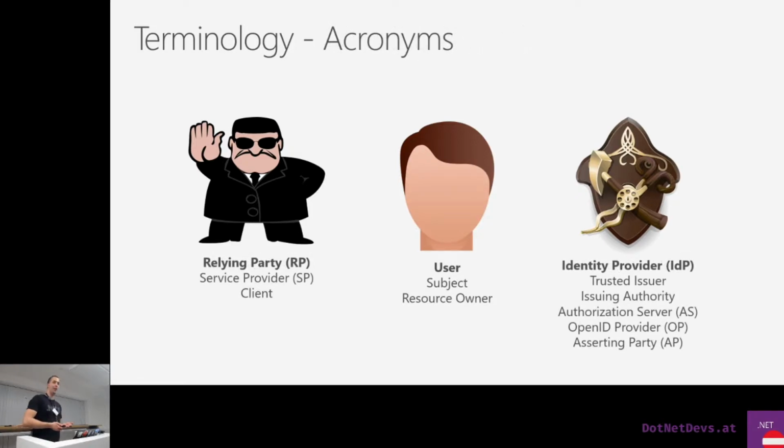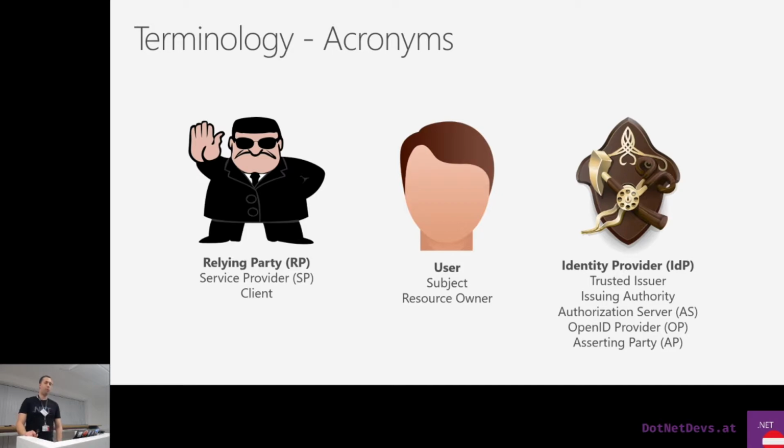But it's not that easy. There are a lot of acronyms for these things. The user is also called the subject, like in scientific research, but also the resource owner. Because if you create a document, it is your document, your resource, and you own the resource.